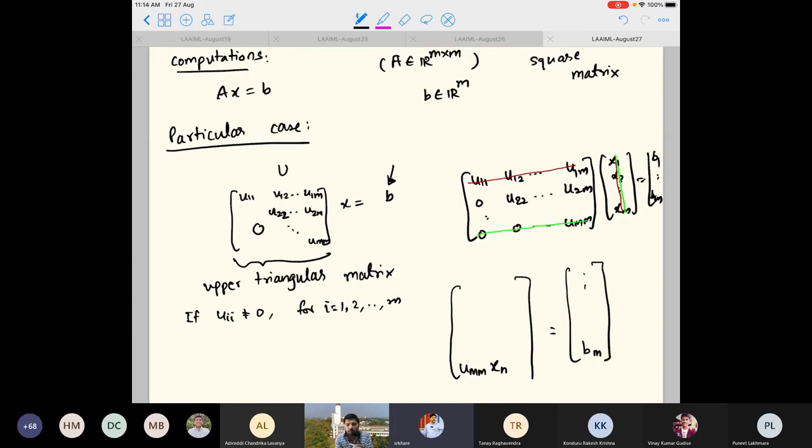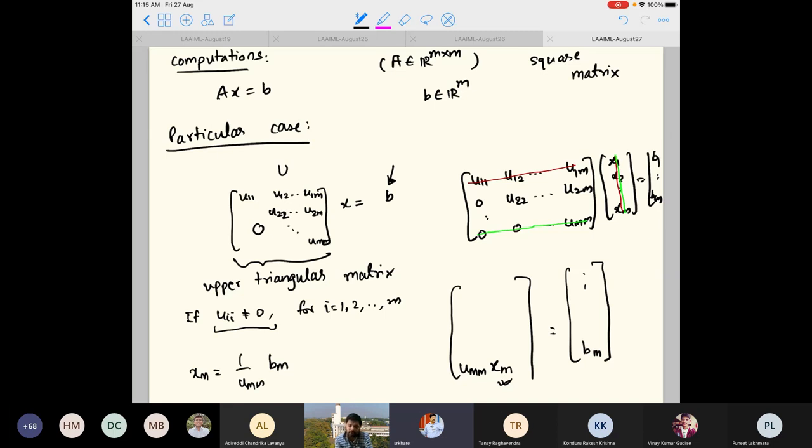So from here, I will very easily be able to calculate xm. xm will be equal to 1 upon Umm into bm. Is that correct? I have already assumed that the diagonal entries are not equal to 0 to ensure that the columns are linearly independent. So there is no problem in dividing by Umm.